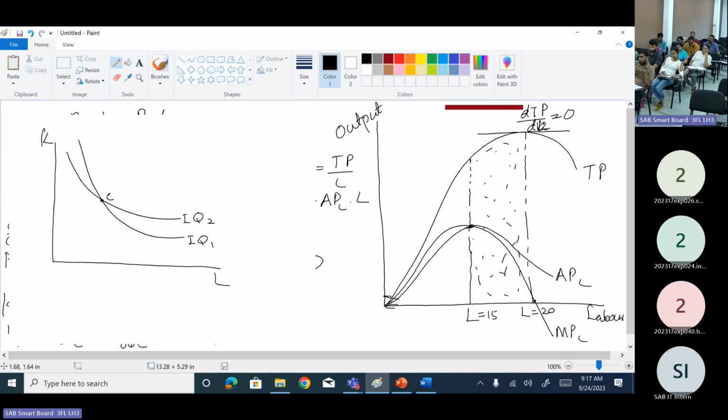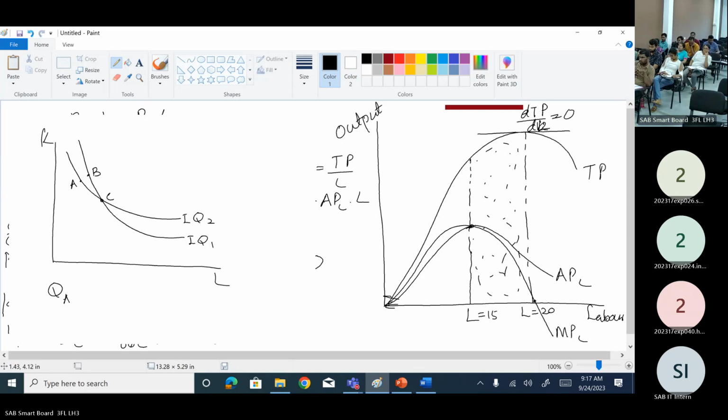Call the common point C. We take another two points here, A and B. Now, what is your definition of these two isoquants? We consider these three points.